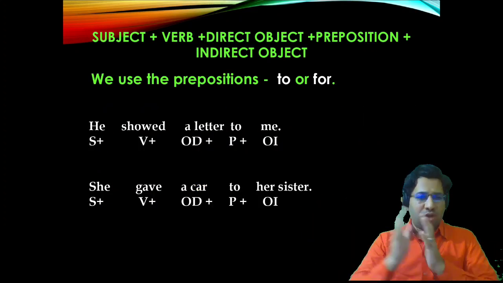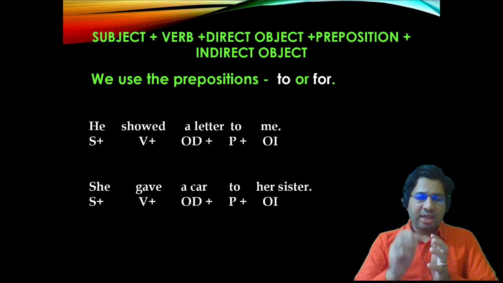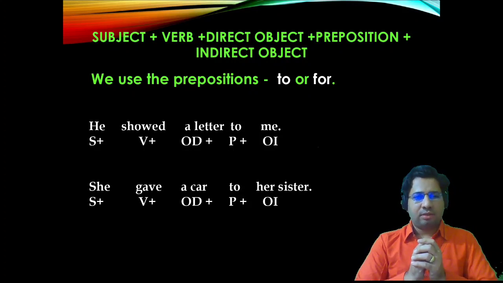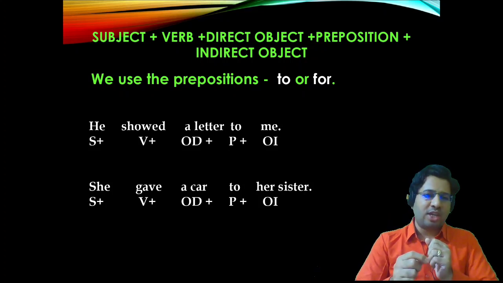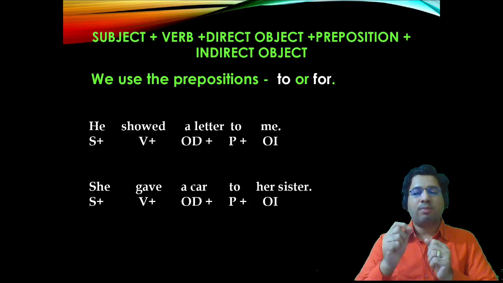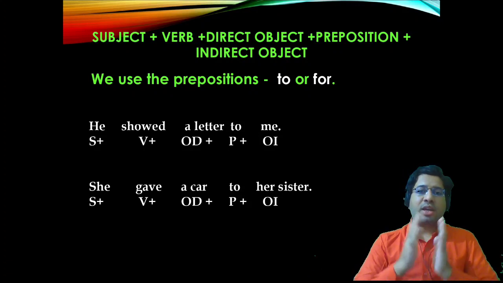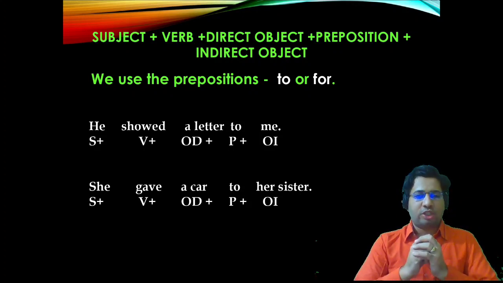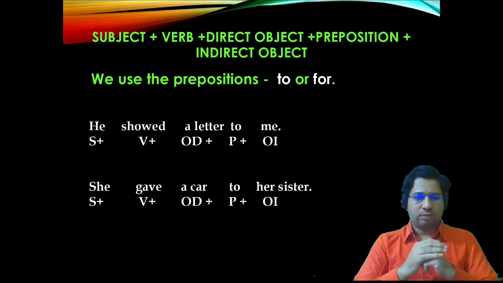Let us move towards another very important sentence pattern, that is subject plus verb plus direct object plus preposition plus indirect object. Sometimes the indirect object can go after the direct object. In this case, we use the preposition to or for.